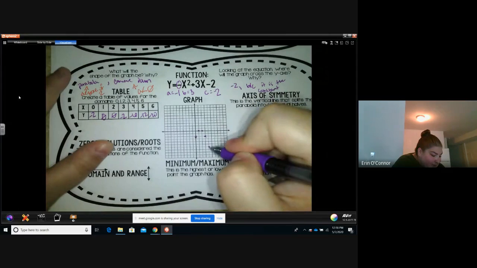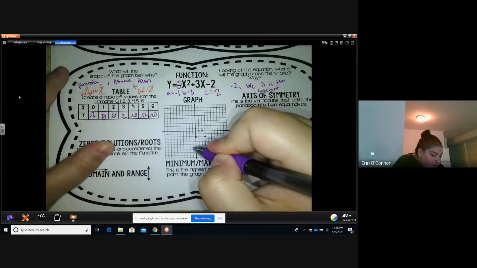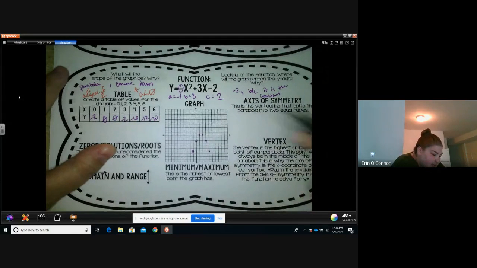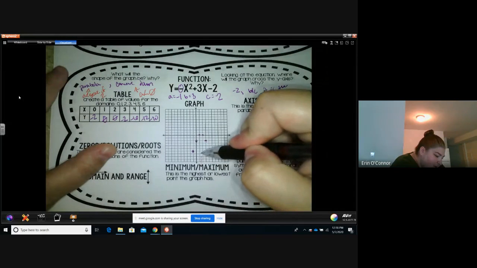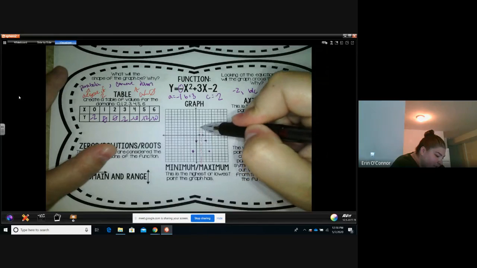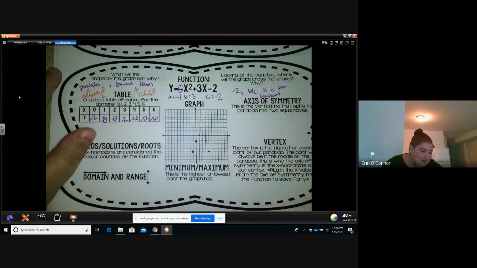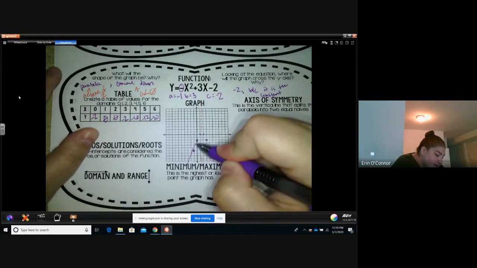But since there's one here, I can also know there's going to be one right here because that's symmetrical. If you notice, my halfway point is going to be somewhere in between 1 and 2 because that's where they're symmetrical. I'm not quite sure where that's going to be.